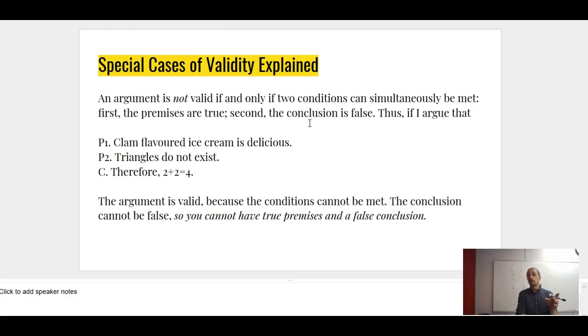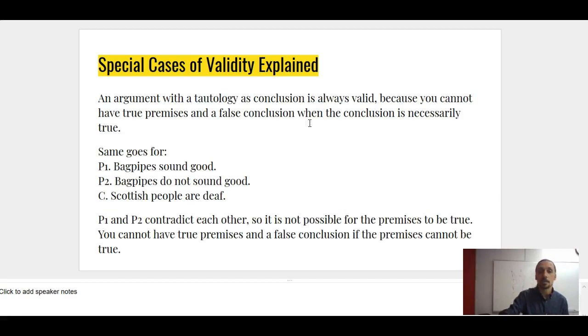It's impossible to have true premises and a false conclusion if the conclusion is a tautology, so it satisfies the definition. That's all you ever need to think about. And one of the reasons I'm bringing this up now is, again, to kind of prime your brain to be able to work in these specific ways. So an argument with a tautology as a conclusion is always valid. You cannot have true premises and a false conclusion when the conclusion is necessarily true.